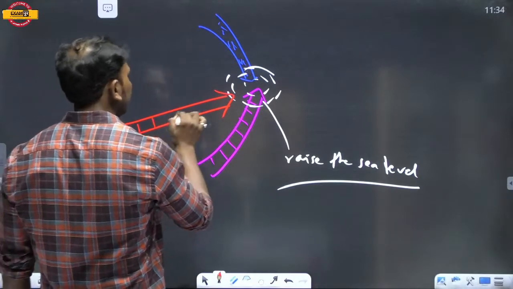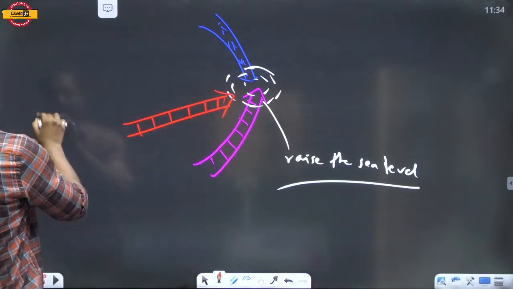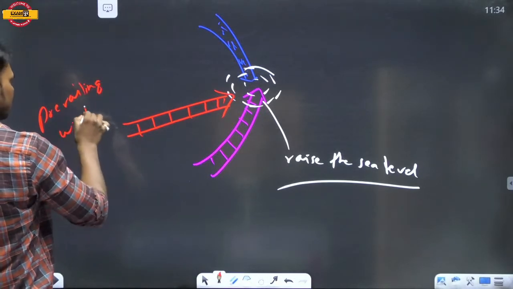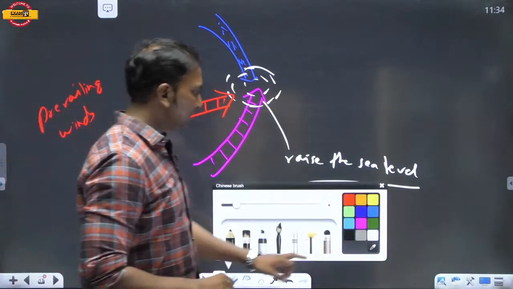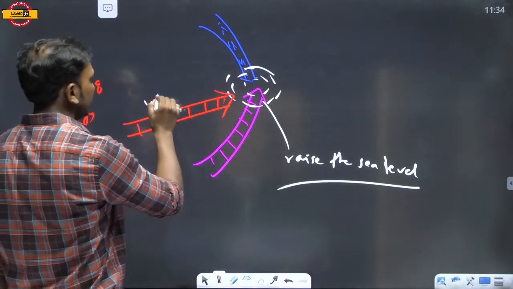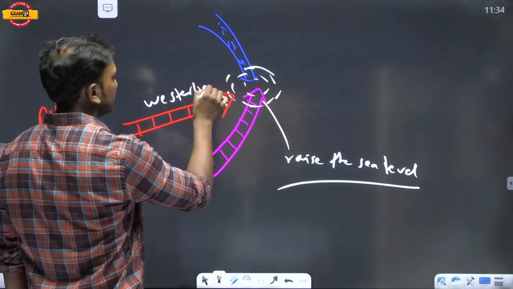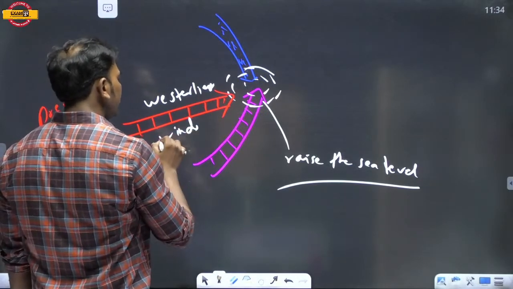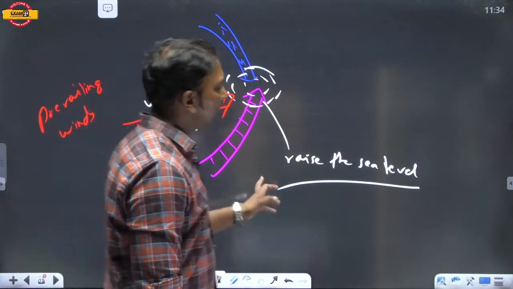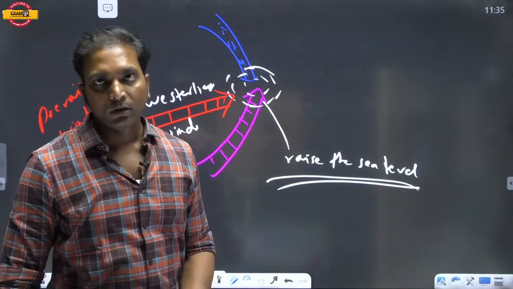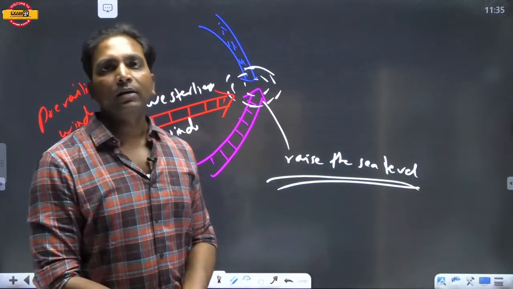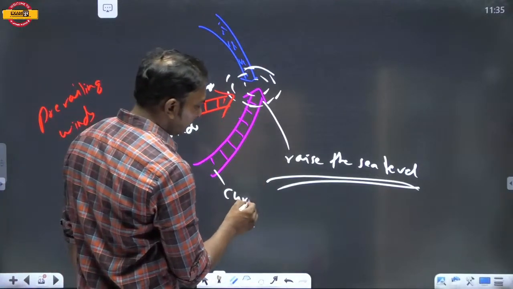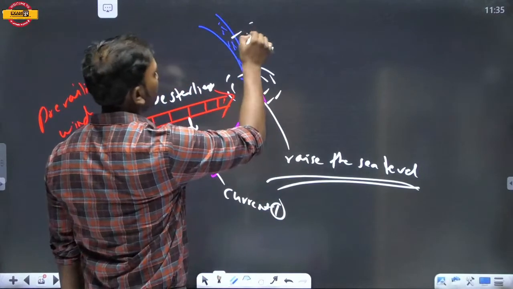And now you see a prevailing wind is blowing above this region. Prevailing winds. Now you see the prevailing winds are blowing above this region, and these are namely the westerlies. We have discussed westerlies winds earlier in class. So the westerlies blow above this region where the sea level has risen, because of the agglomeration of maximum water brought by these two currents. This is current 1 and here it is current 2.